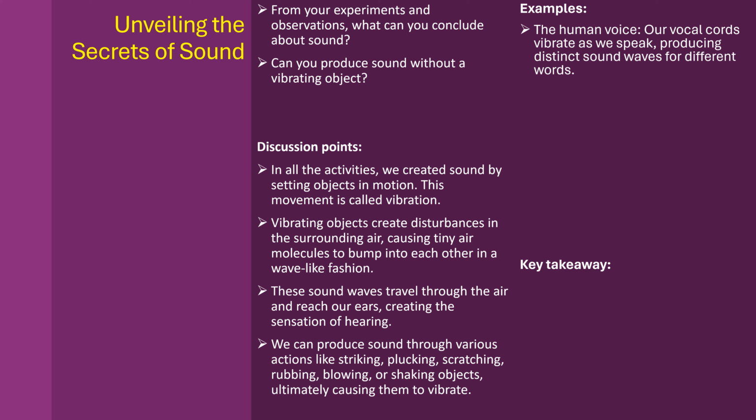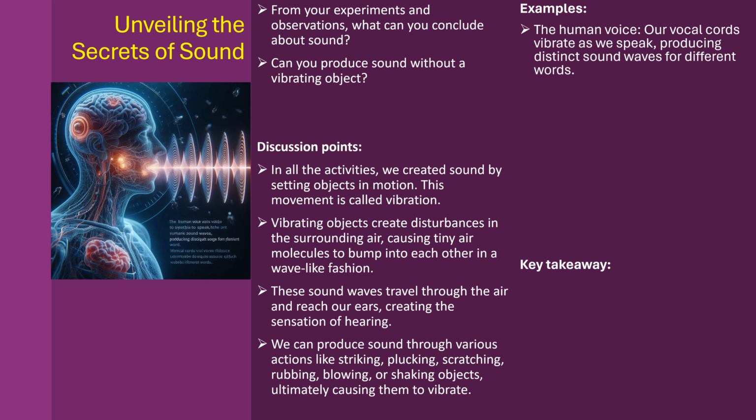Some examples. First thing, the human voice is the best example, right? Our vocal cords vibrate as we speak. Where are our vocal cords? In our neck, just above our windpipe. Think of it as a sound box there. Of course, the sound comes out of our mouth, but the vocal cords, or sound box, lie around the neck above the windpipe.